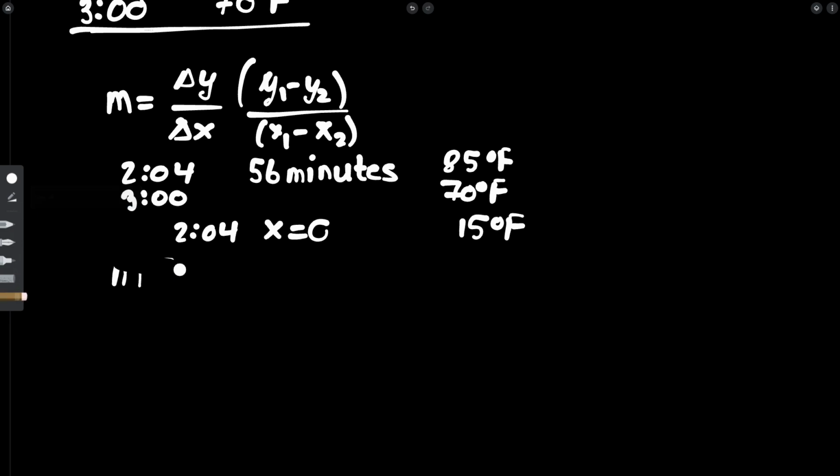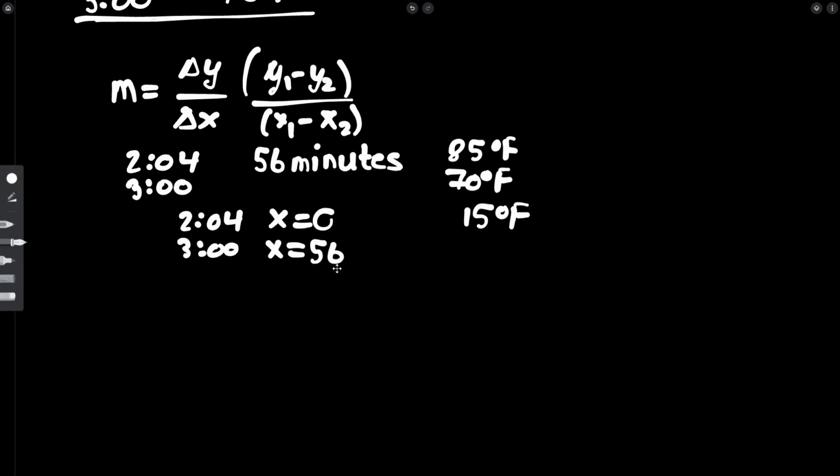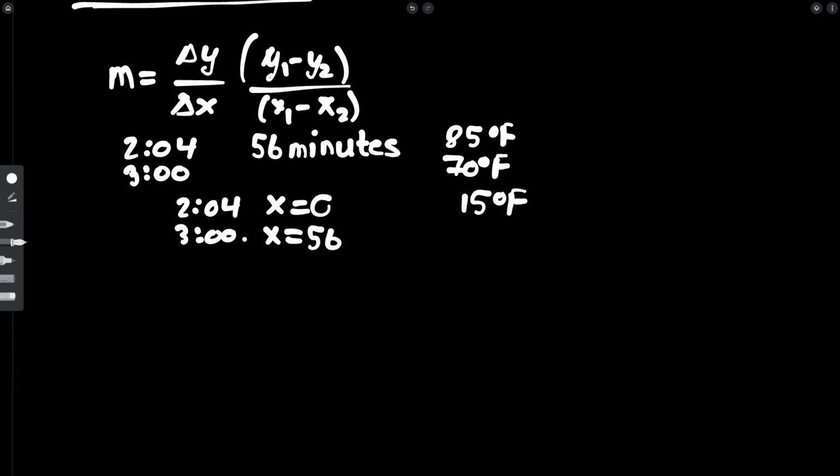And we can say that our time, 3 p.m., is x equals 56. Then, at 3 p.m., it'll be 70 degrees. I'll start with this one. 2:04 is 85 degrees, so 85 degrees will be our y equals 85. And our 70 degrees will be y equals 70.